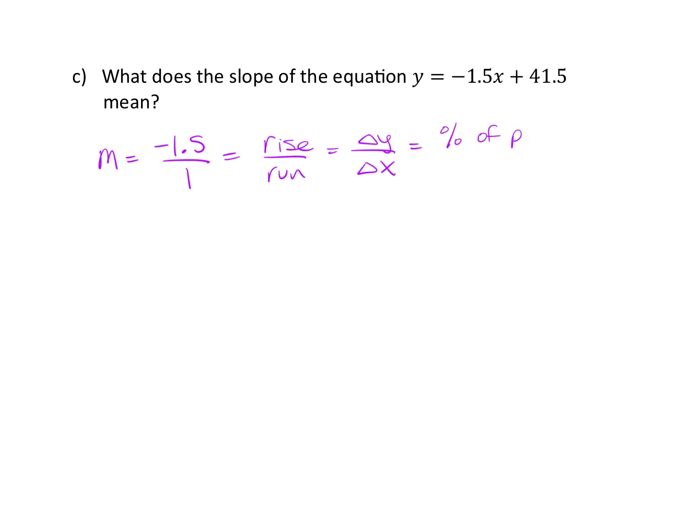And x represented years. So -1.5 tells me that the percentage of people with faith in the government is declining by 1.5% every year.